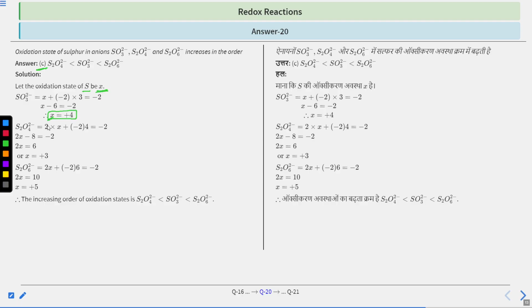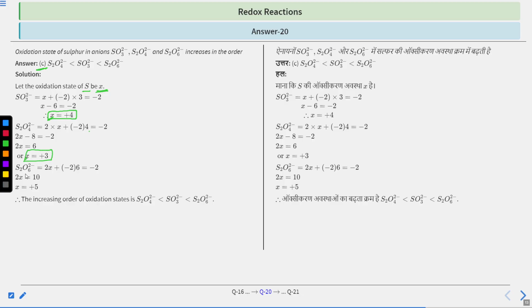Next, in the anion S2O4 2-, X is for sulfur, so 2X plus -2 times 4 for oxygen equals -2. Now let's solve it for X. 2X minus 8 equals -2, 2X equals 6, or X equals +3. So the oxidation state of sulfur in S2O4 2- is +3.